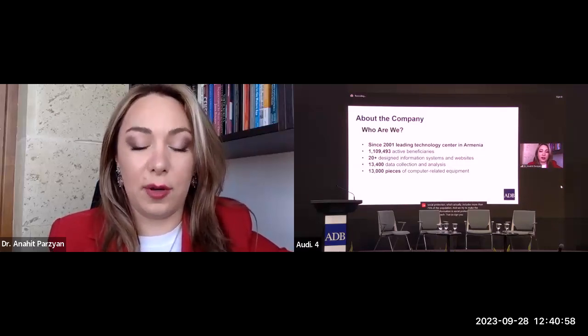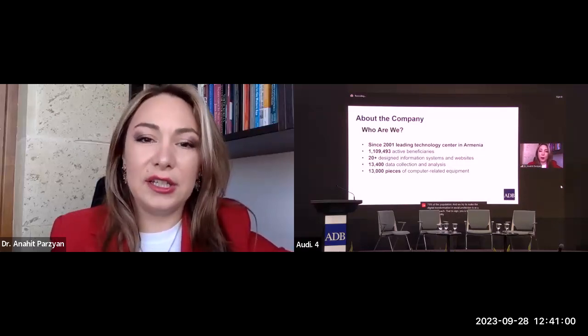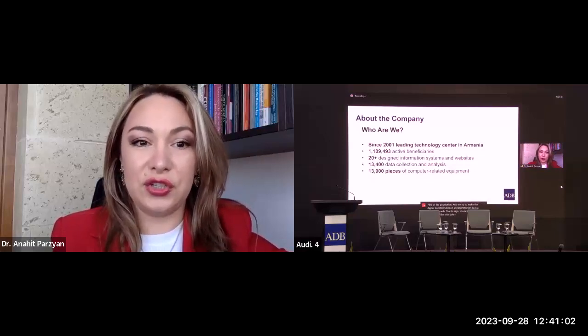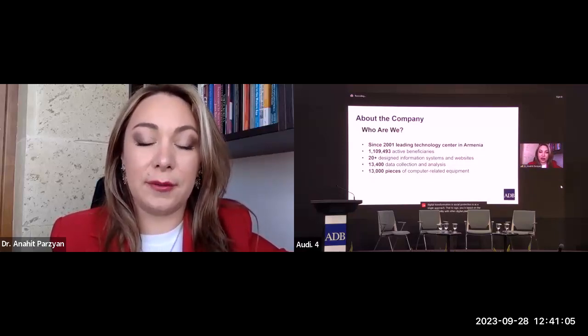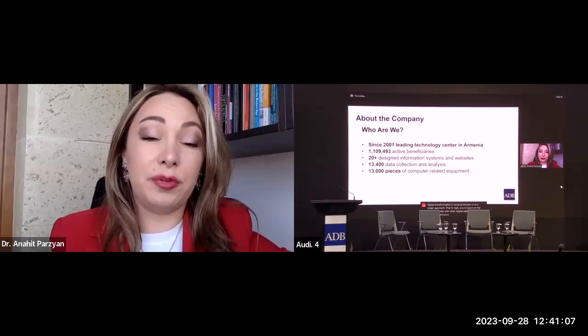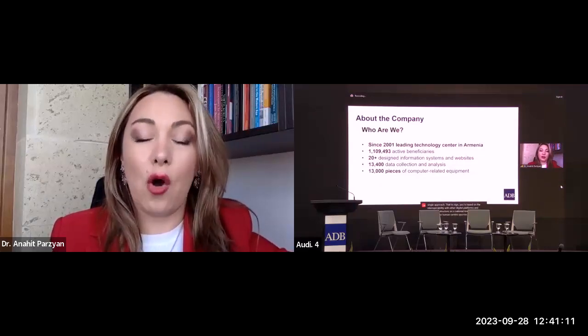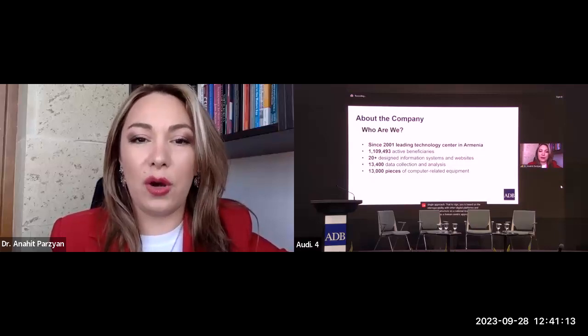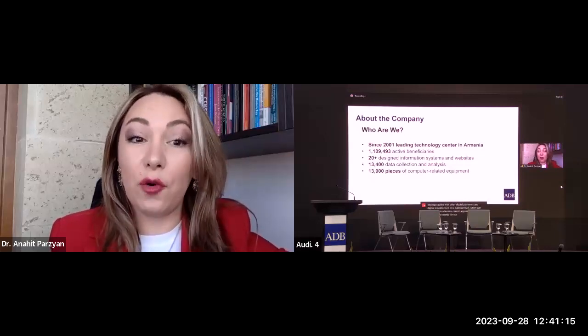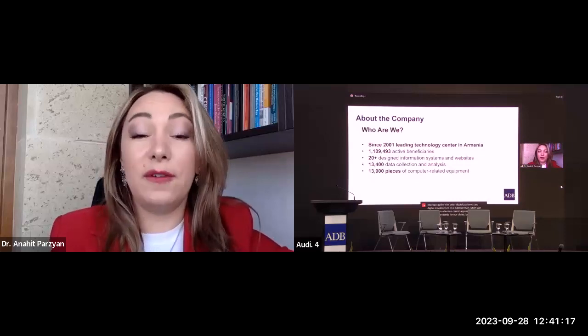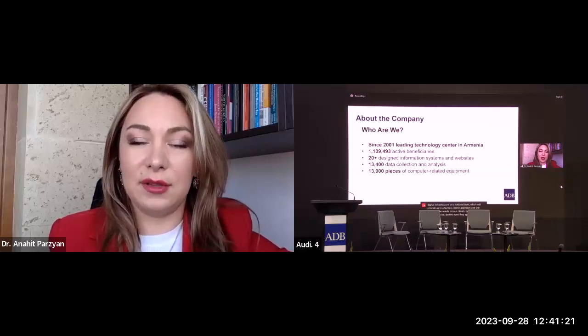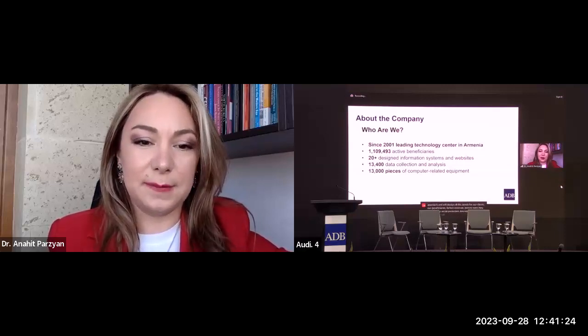That design is based on the interoperability with other digital platforms and digital infrastructure on a national level, which will provide us a human-centric approach and will design all the needs for our clients, for our beneficiaries, before even they apply to any social protection services. What does that mean? I will ask you to go to the slides, please.